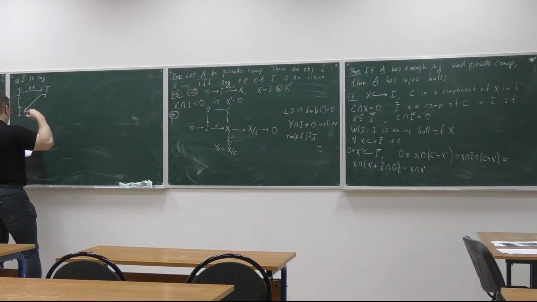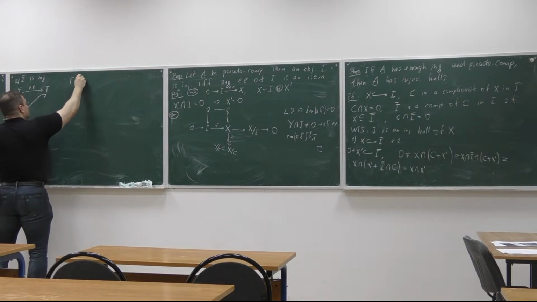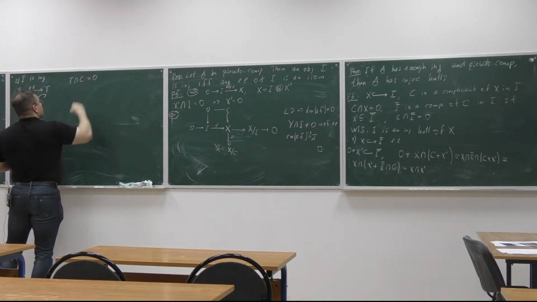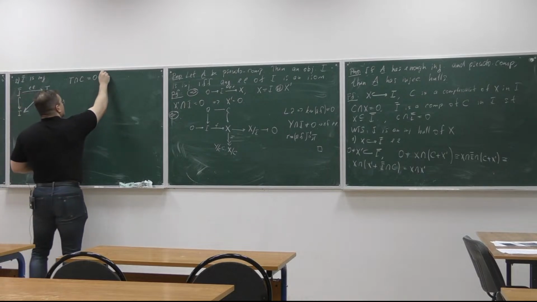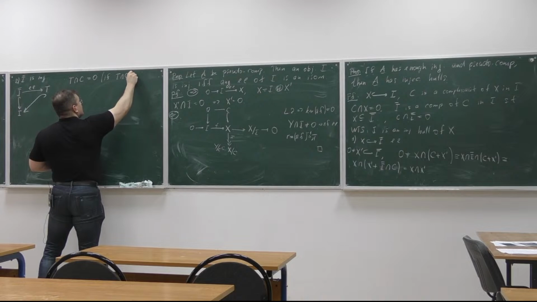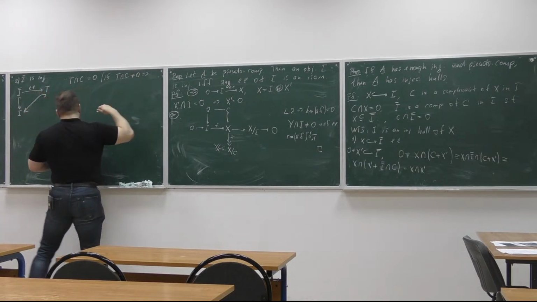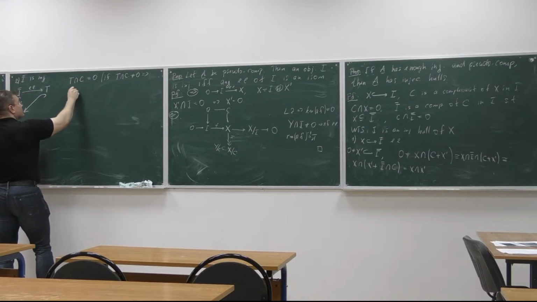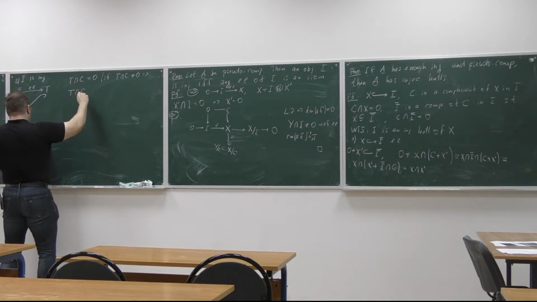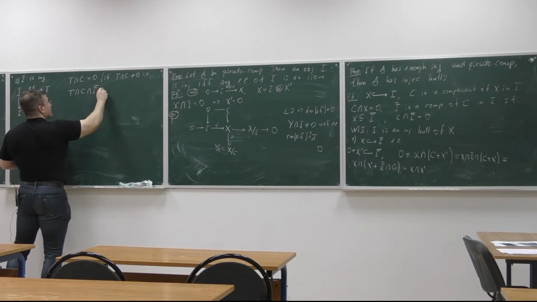Well, the claim is that if you take the intersection of T and C, this is 0. That is because if the intersection of T and C is not 0, this implies immediately that the intersection of T and C and I bar is not 0.